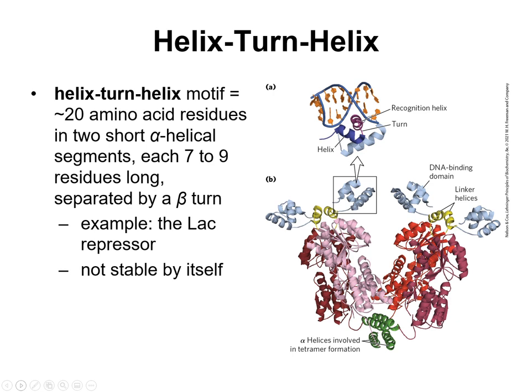The first motif we'll talk about is helix-turn-helix, abbreviated HTH, oftentimes in papers. It's a small motif, about 20 amino acids, and it's just two short alpha helical segments that are 7 to 9 residues long, and they're separated by a beta turn. The lac repressor's DNA binding motif is a helix-turn-helix.